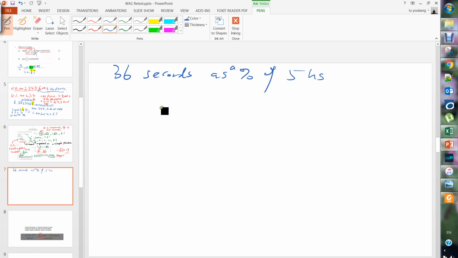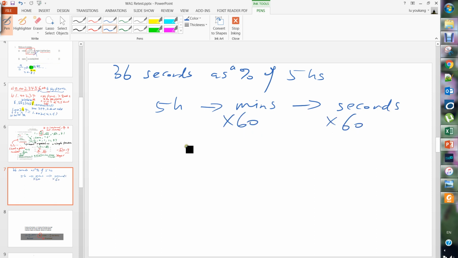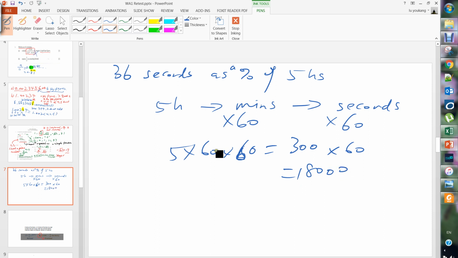So the first thing you do is you convert the hours into minutes first, and then convert to seconds. So the conversion is 60 to minutes, another 60 to seconds. So you get 300 and then 60. You can actually use your calculator if you're not good with mental calculation. So 36 seconds over this 18000.